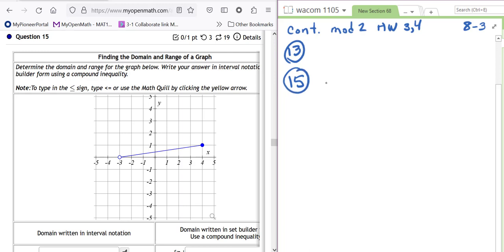All right, so domain. It's going to start at -3. It's not including that. So our interval notation would be -3 to 4 for domain. And you are touching the 4. That is interval notation.